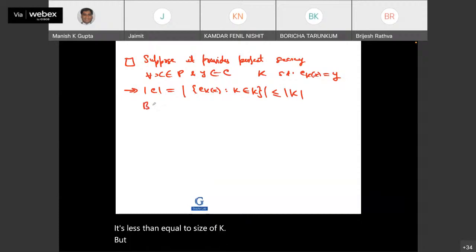But we know that size of C is the same thing as size of K; that's a given condition.